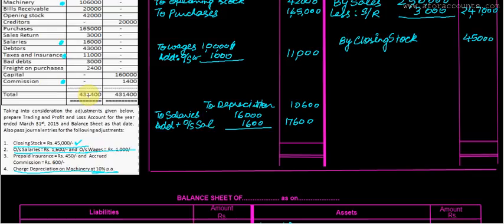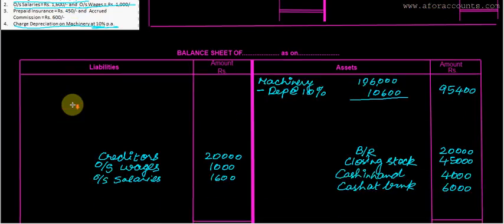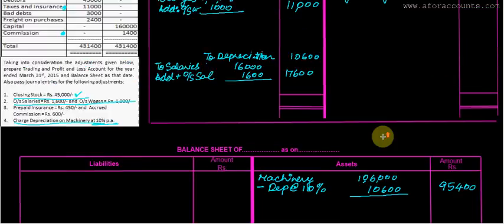Now debtors 43,000. Debtors are my asset. I don't have any adjustment for debtors, so simply write here debtors by how much it is. Debtors amount is 43,000, is it?